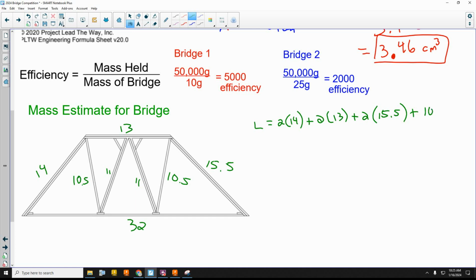I've got 2 that are 10 and a half. They're just 2 separate pieces, not laminated. And then I've got 2 that are 11. And 1 piece that's 32.